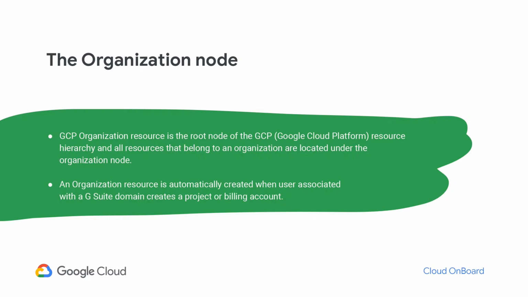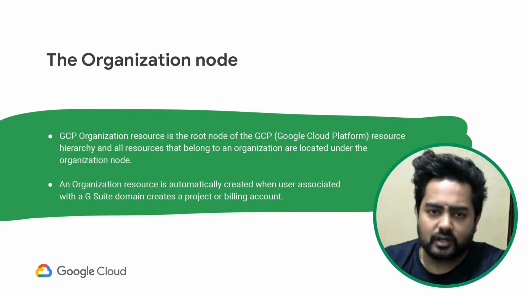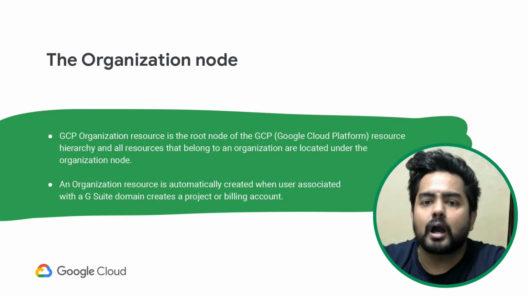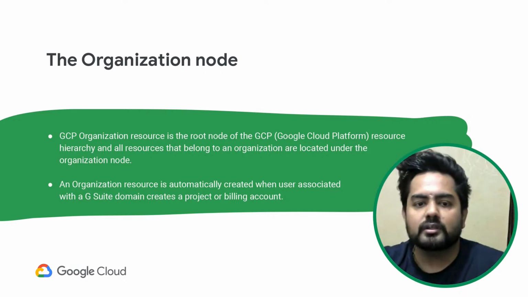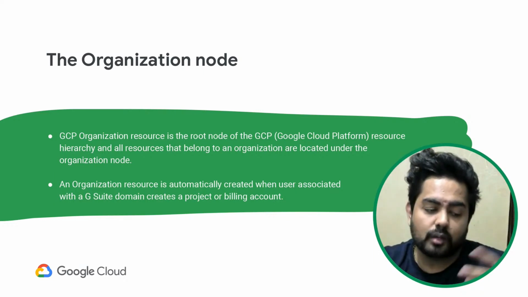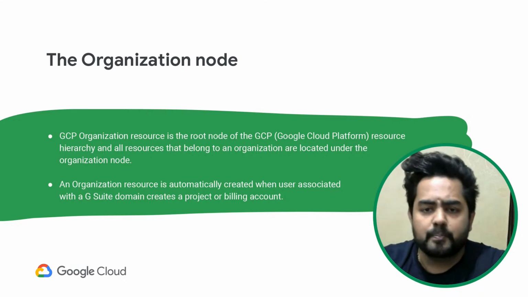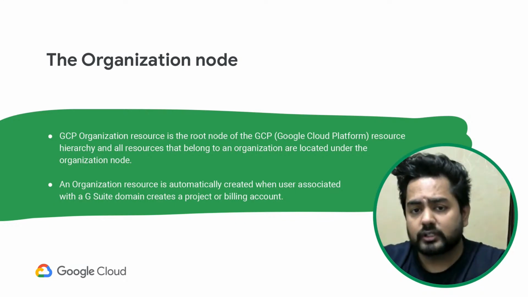Now, Cloud IAM allows us to set policies at different levels: the organization level, the folder level, the project level, and the resource level. So there are four levels of policies. The organization level represents the resource for the entire company.